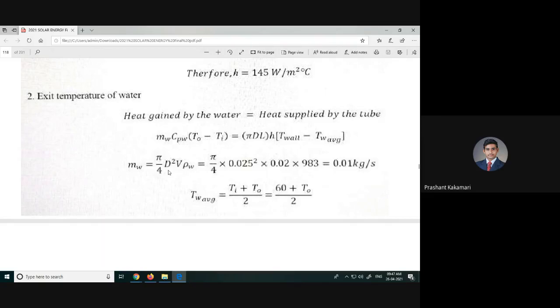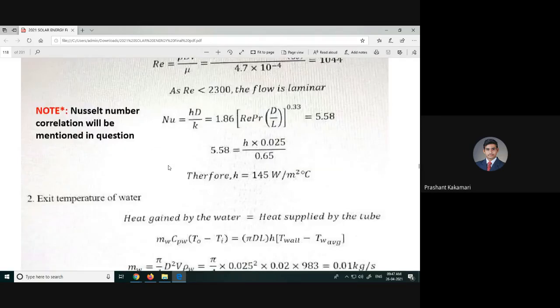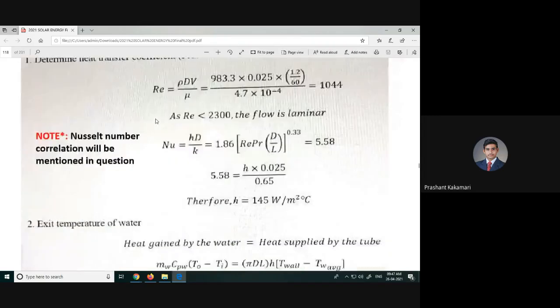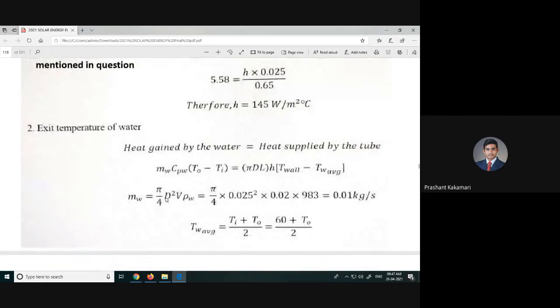In that condition, area into velocity into density gives the mass flow rate of water in any closed channel. Here the area for a circular pipe cross section is pi by 4 d square, because pipes are given and the water is flowing in the pipe. So I have taken the area as pi by 4 d square.